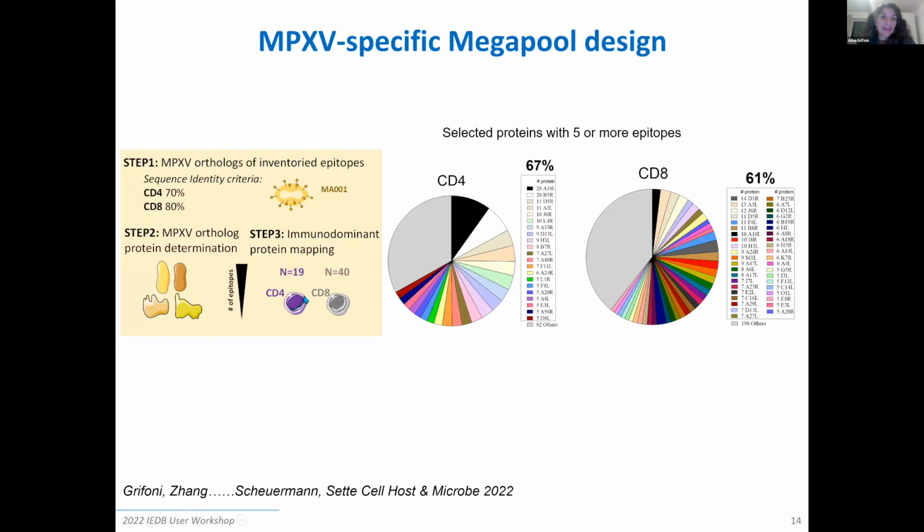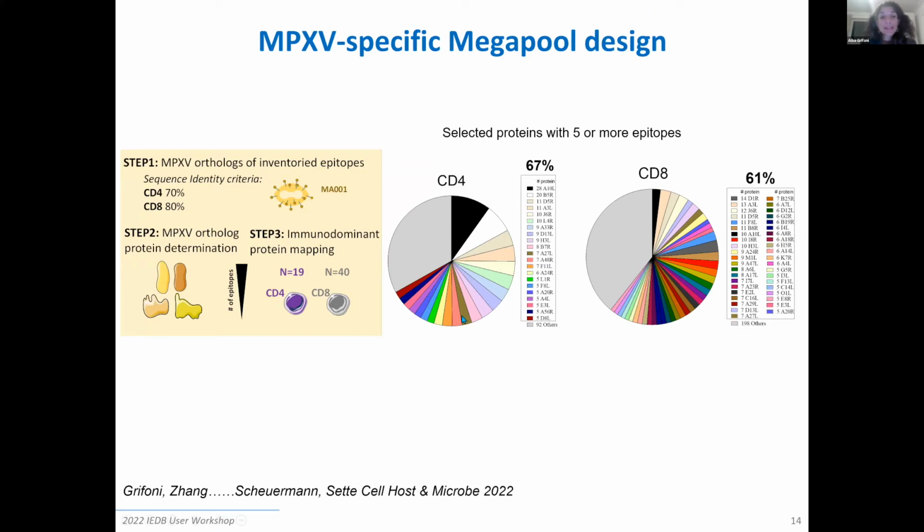Once we had that, we tried to determine what type of monkeypox protein they belong to. And that allowed us to build the following pie chart that I'm showing you right now. And that also allows us to see the range and contribution of the different monkeypox proteins to these epitopes.